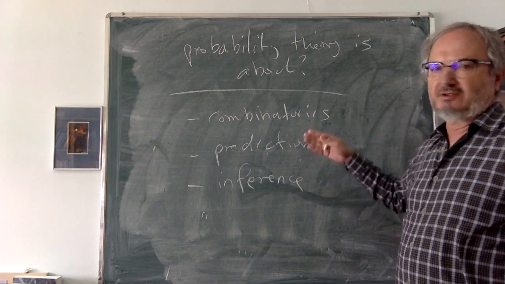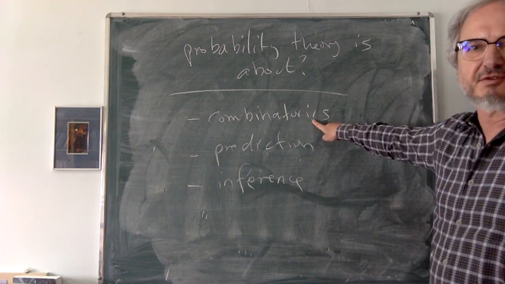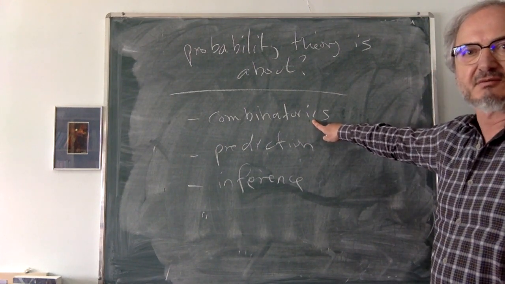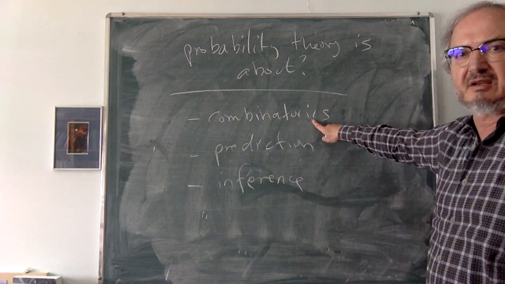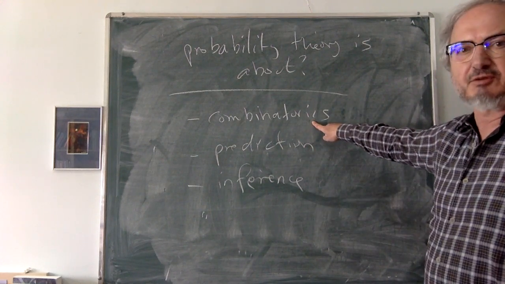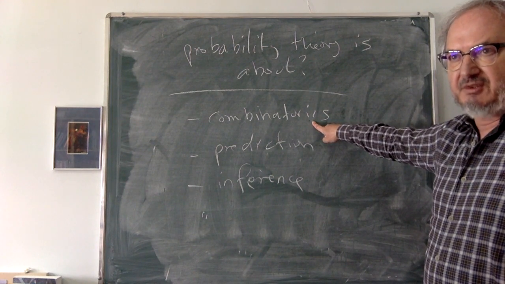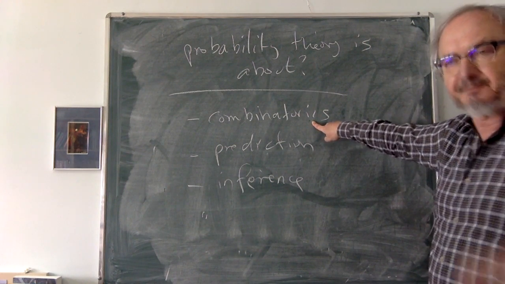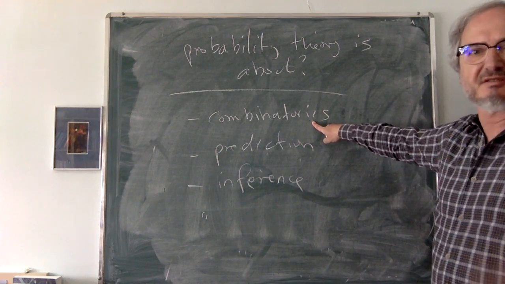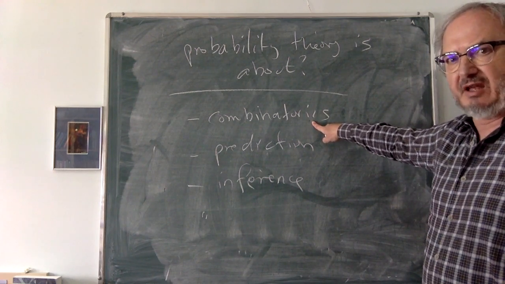So you count the number of possibilities for the die coming out 1, 2, 3, 4, 5, 6, and then you say, well, these are the total possibilities. And the event that I'm interested in is evenness. So what is the probability of that being even?